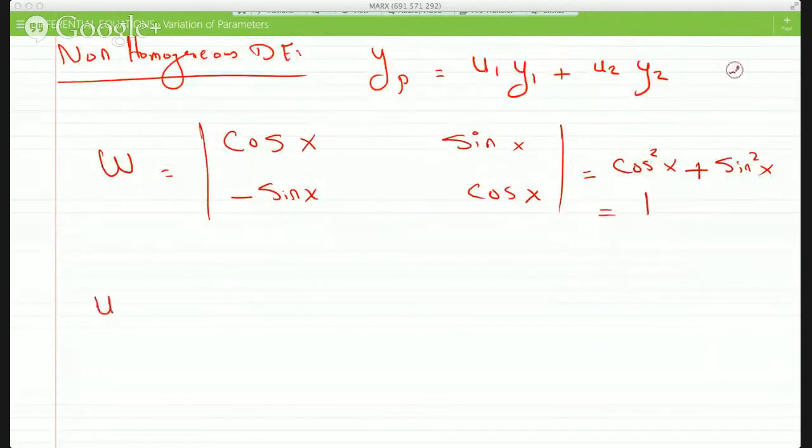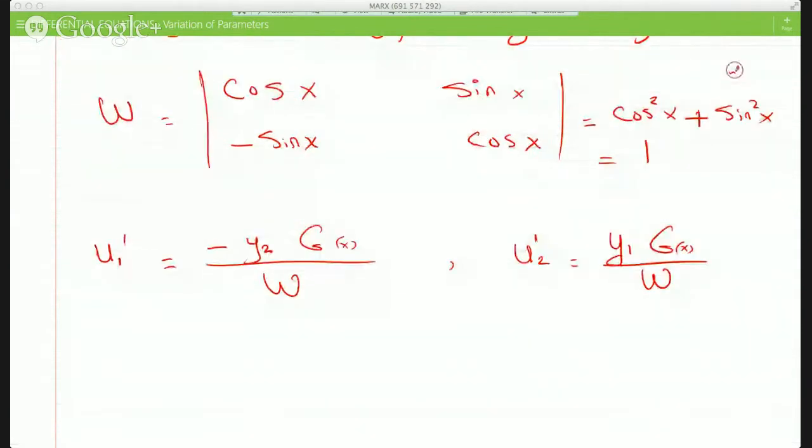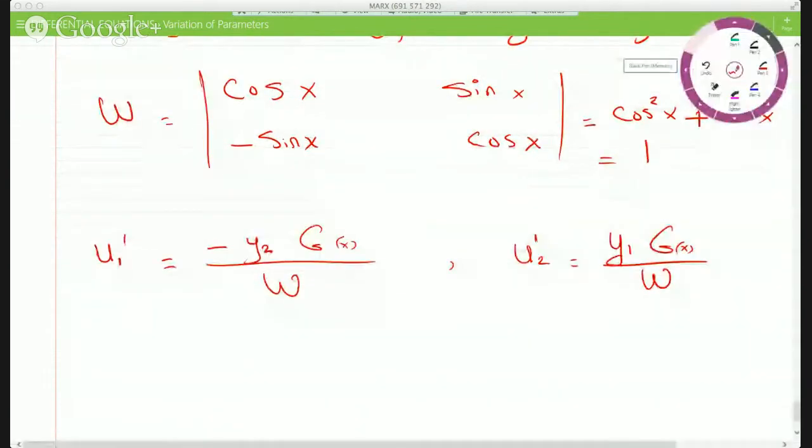So then u prime 1 will be minus y2 times g of x divided by the Wronskian, and u prime 2 is just y1 times g of x divided by the Wronskian. Okay, we'll do each one separately here.